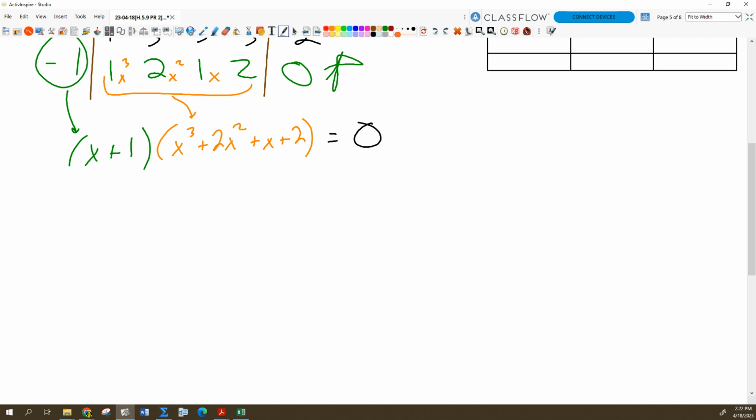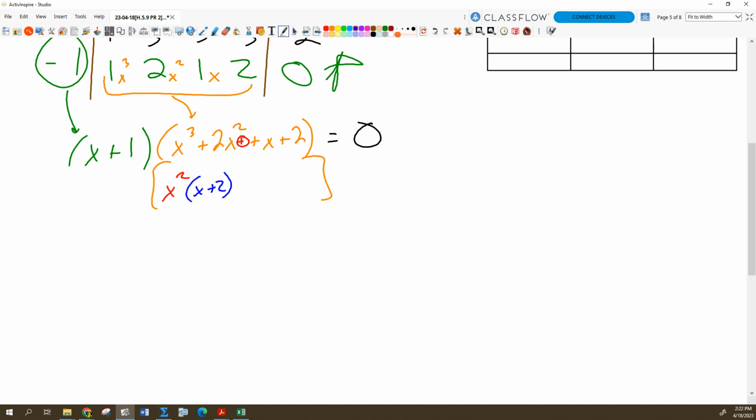If I factor the GCF out of the first group, what is it? X squared, right? So I could take inside the orange brackets, I can undistribute an x squared, leaving behind what? X plus 2, yeah.